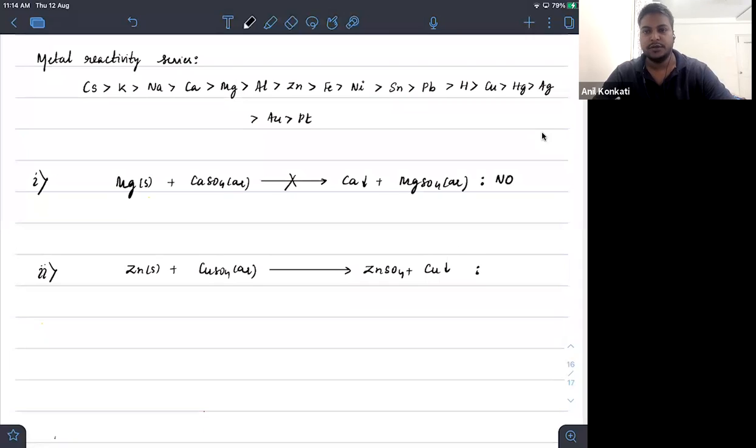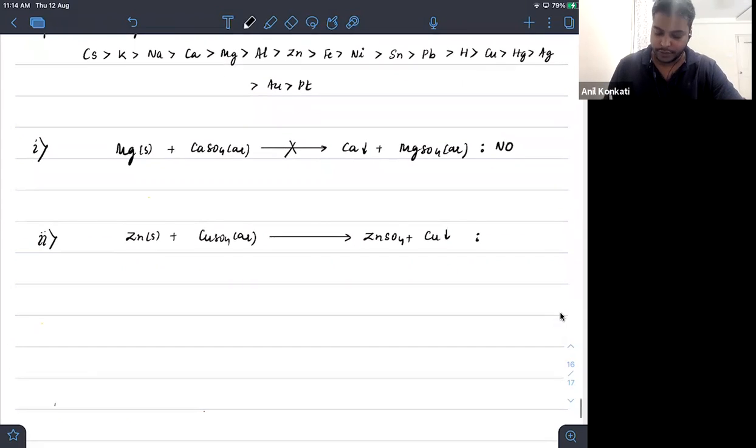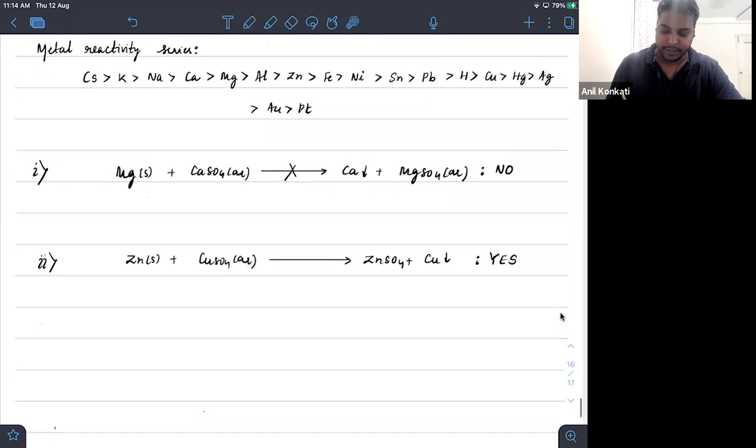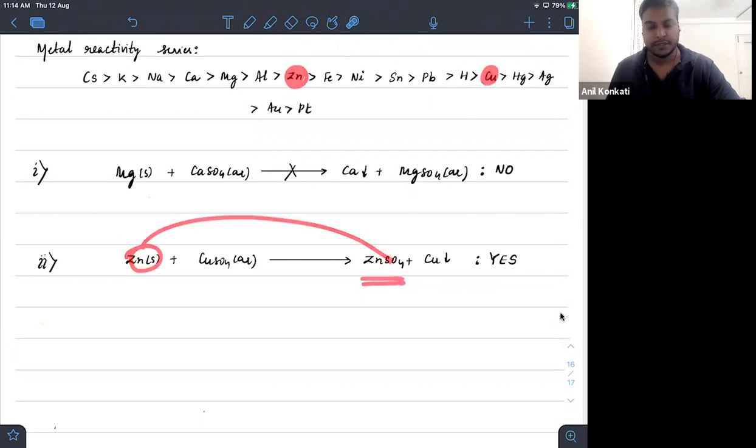Yes, yes. Good. Very good. Very good. I think now most of you have understood that. Yes, this will definitely happen. Reason being, you can clearly see that zinc is more reactive than copper. So zinc wants to dissolve itself and change into ZnSO4.